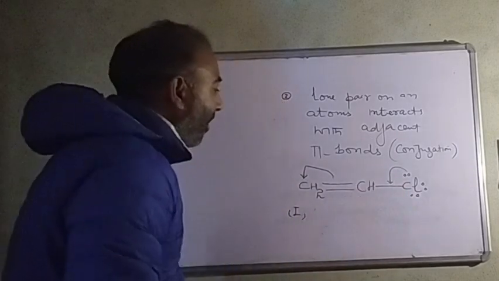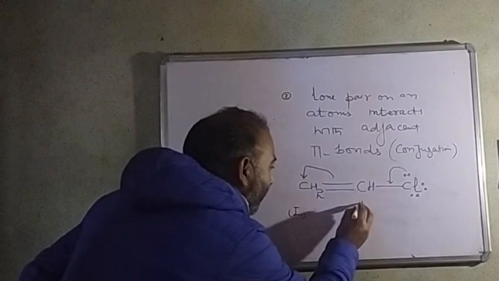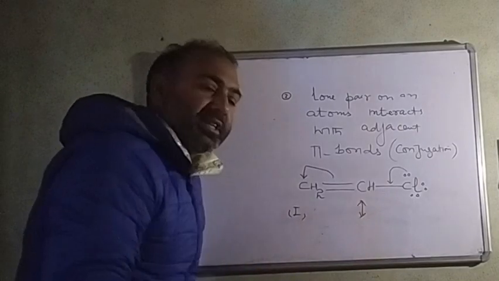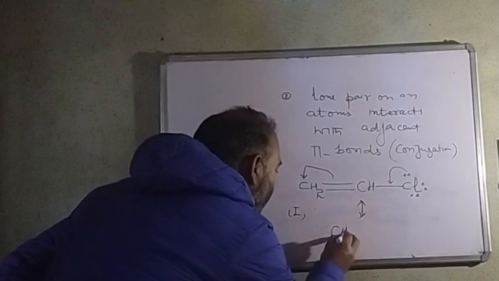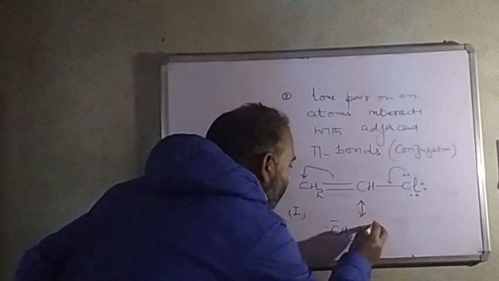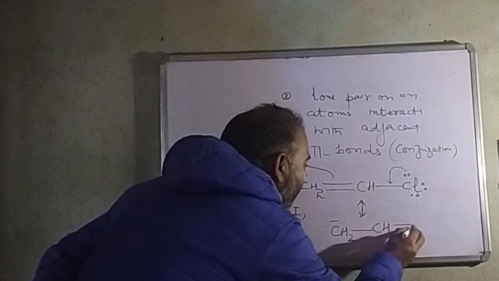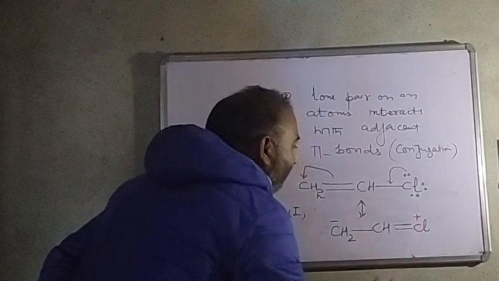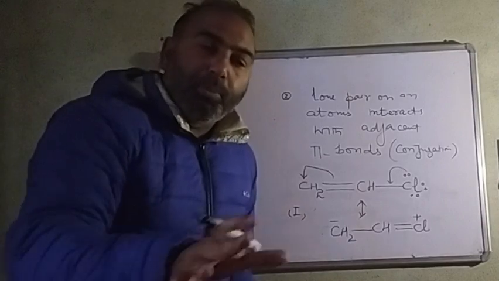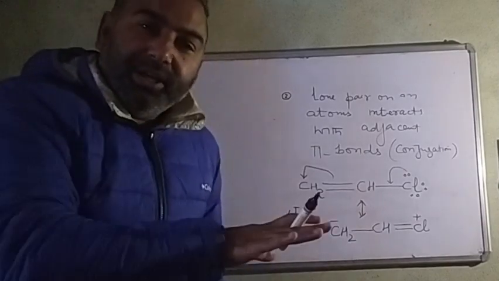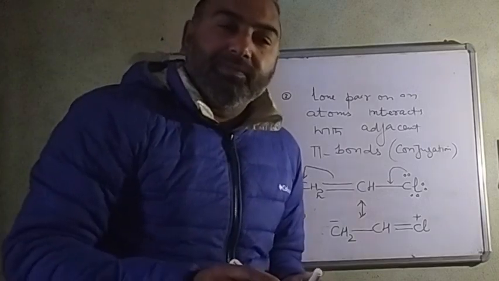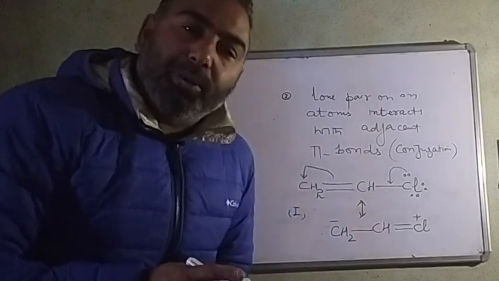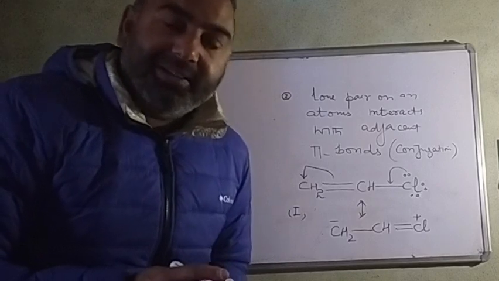It will form a double bond here. And it is the second structure with separation of charge. It will become CH2 negative, CH double bond Cl, and Cl will attain positive charge. So creation of polarity due to shifting of pi bonds, that is called mesomeric or resonance effect.